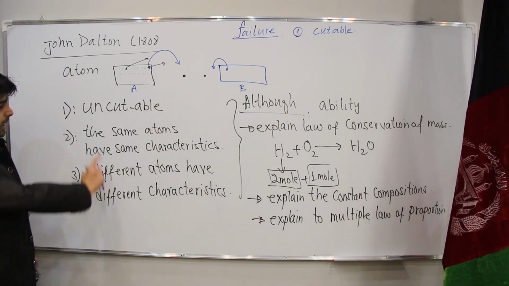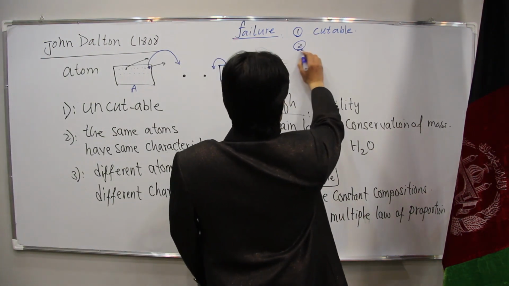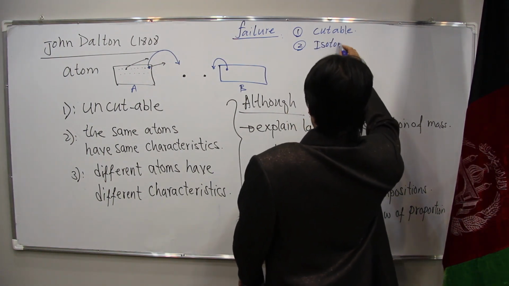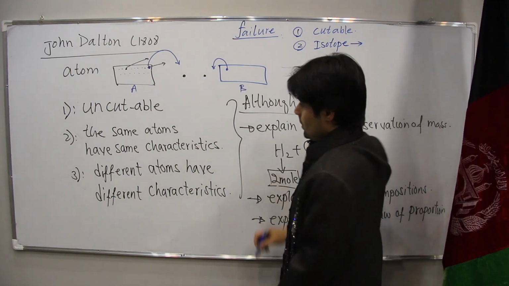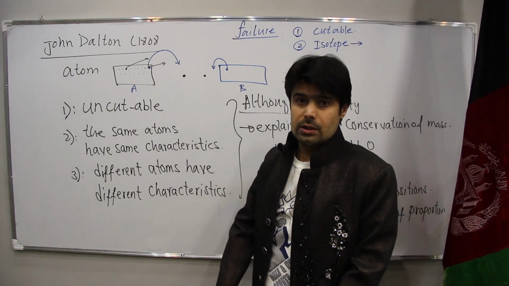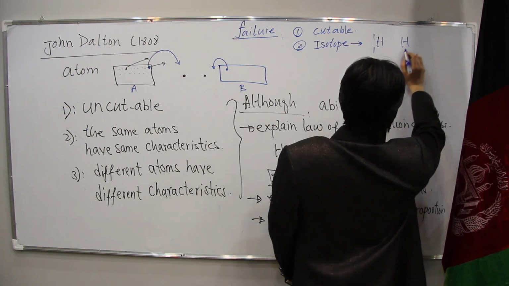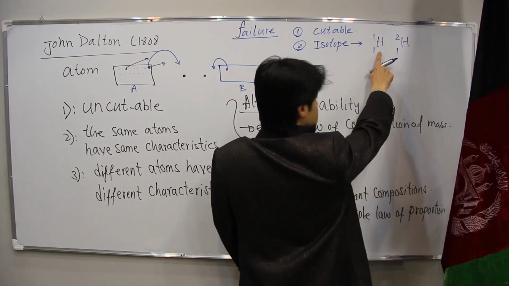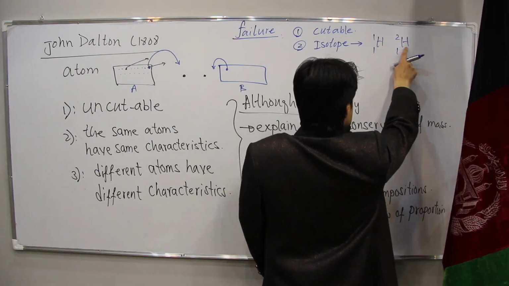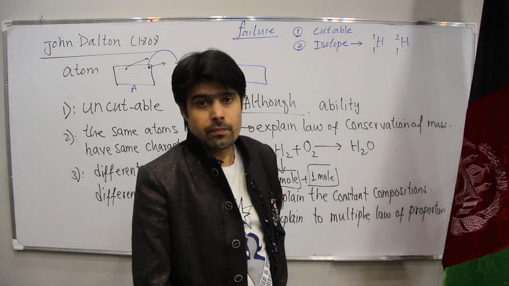Second, he said the same atoms have the same characteristic, but in isotopes we are witness that we have the same atoms but different characteristics. For example, come to hydrogen 1,1 and hydrogen 1,2. We say this one protium, and this one deuterium. Now, are they the same atoms? Yes, of course. It's hydrogen, and the second one is hydrogen.